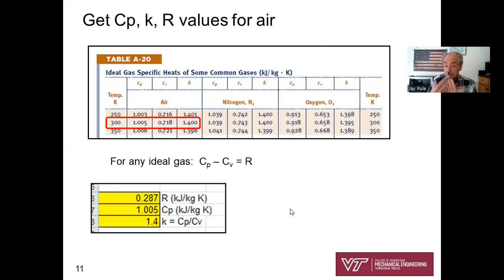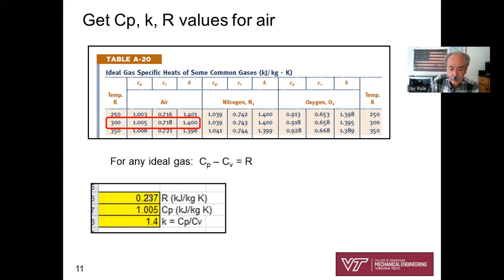All right, so we'll move ahead. Let's get Cp and k and R for air at the inlet conditions, 300 degrees C. We're going to look it up. We'll write down k as 1.4. We can write down Cp, 1.005. And where did I get R from?